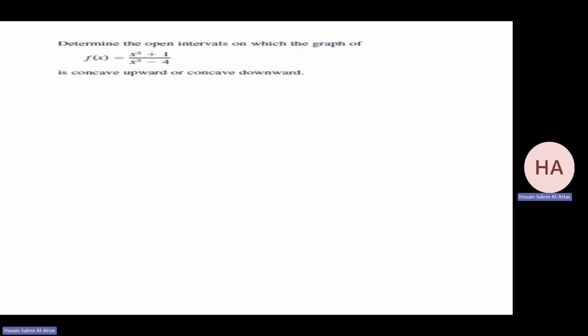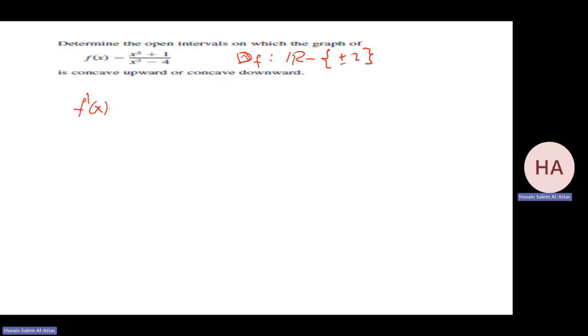Okay, we'll do more problems. As I said, as in 4.3, the idea is very simple, but now each problem has its complexity. I have the domain of f, all real numbers except plus or minus 2. Okay, now check f double prime.